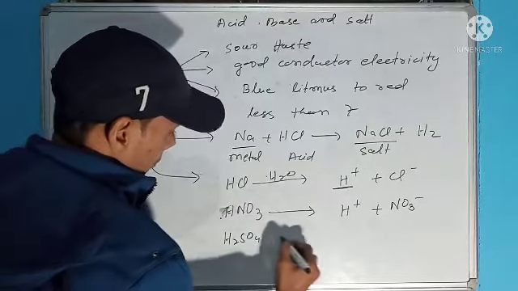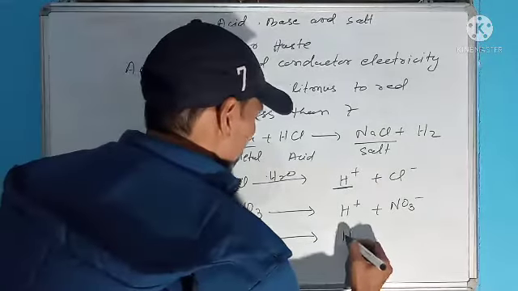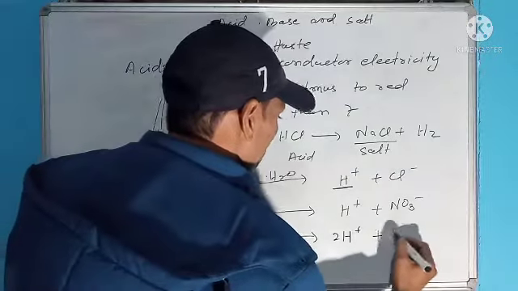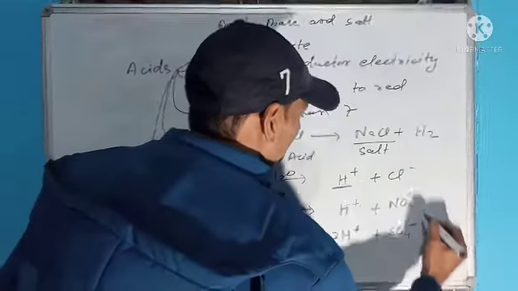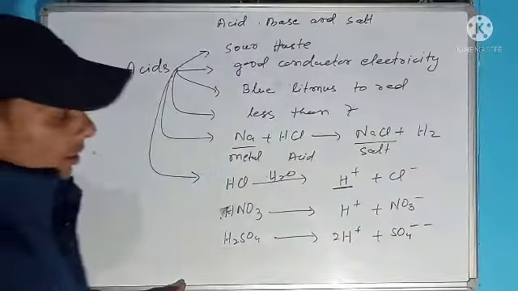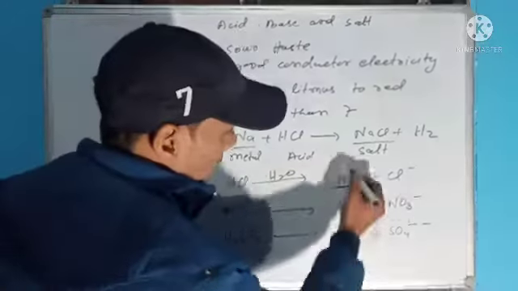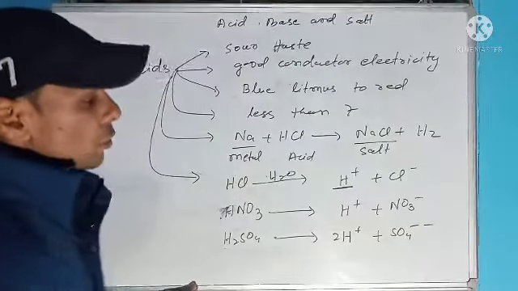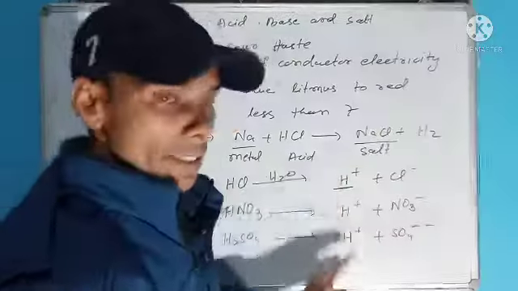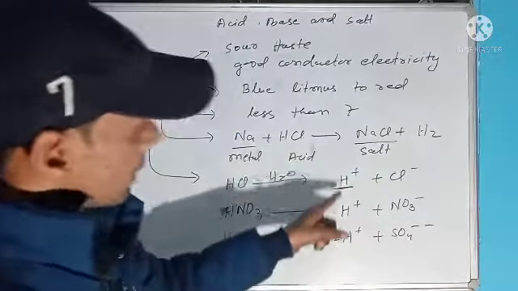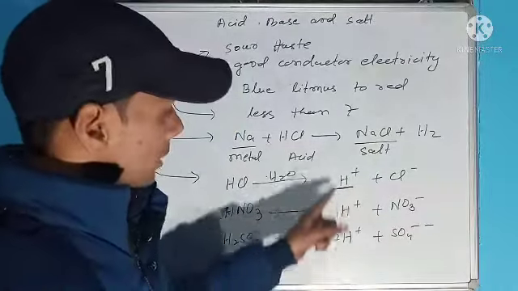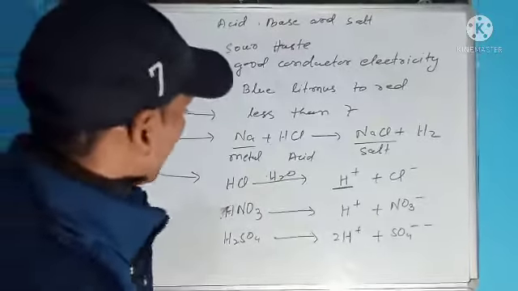H2SO4 gives 2H plus ions and SO4 2 minus ions. So we can say that acid always gives H plus ions.